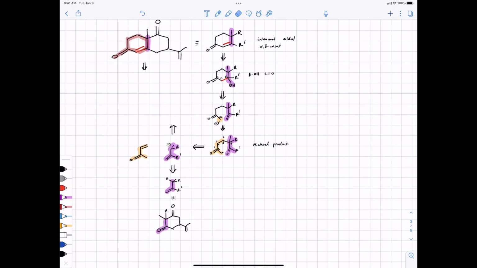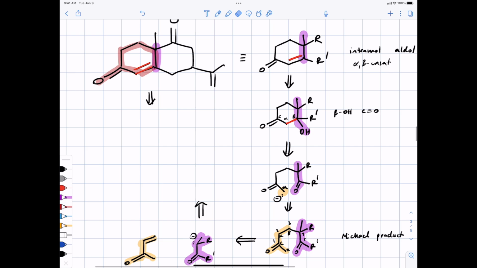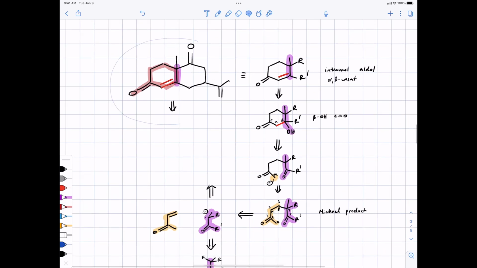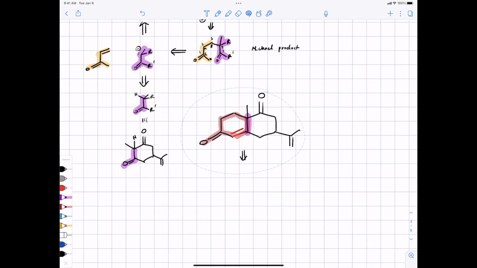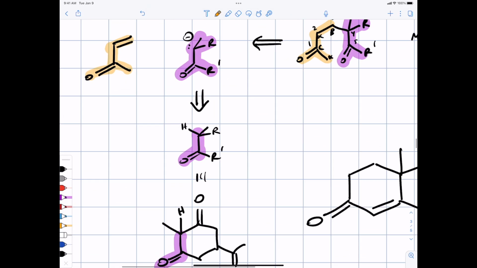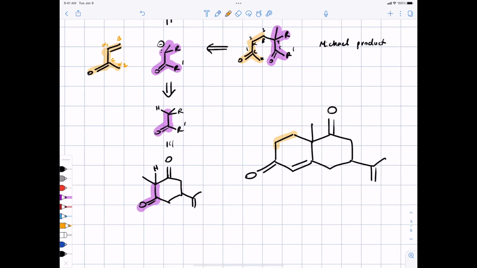Okay, so let's review. If we look at that starting material, I'm going to just draw it next to the products. Thinking backwards, I'm all over the place, sorry. If we look at the Robinson annulation product and our starting material, I'm going to label carbons. This is alpha and beta, and this is alpha 2 of my alpha beta unsaturated carbonyl compound.